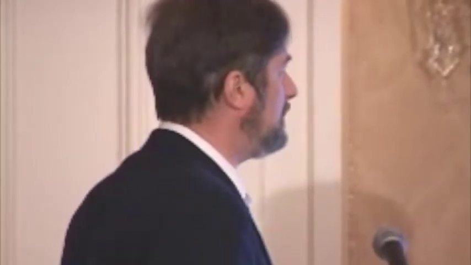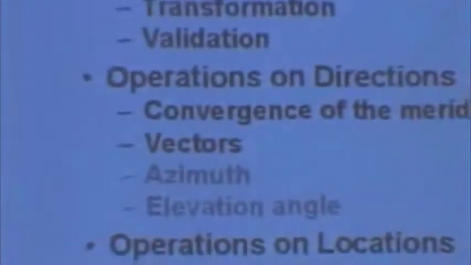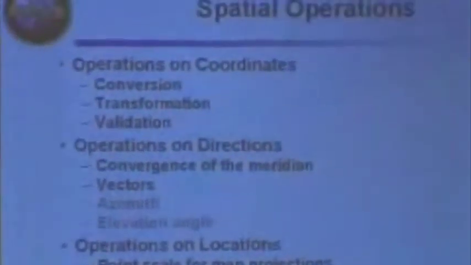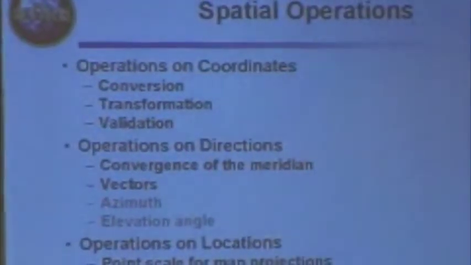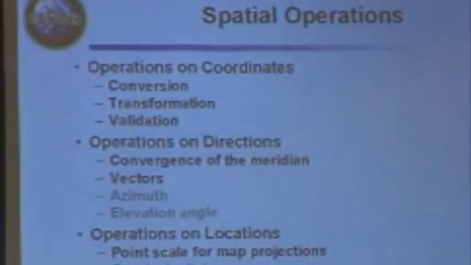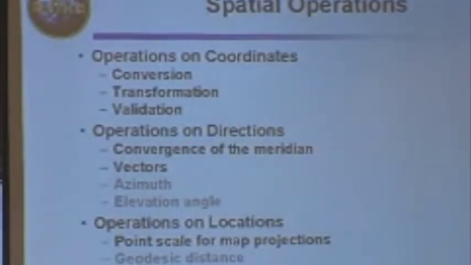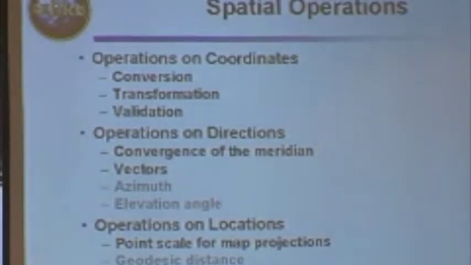Operations on directions. We already talked about the need to know in a map projection what map coordinate north is compared to true north, and that was convergence of the meridian. And we also talked about defining vectors in canonical LTPs and different transformations you want to make between those.